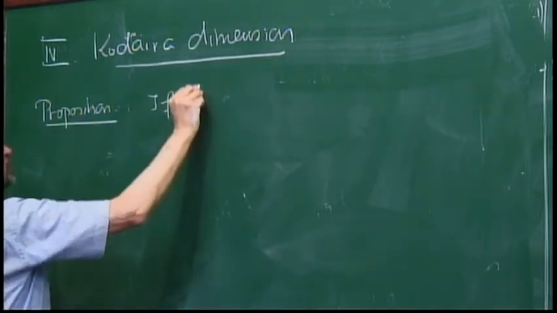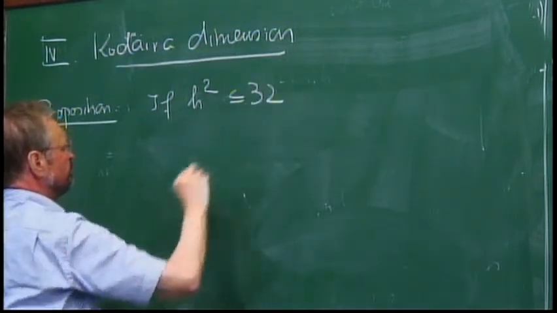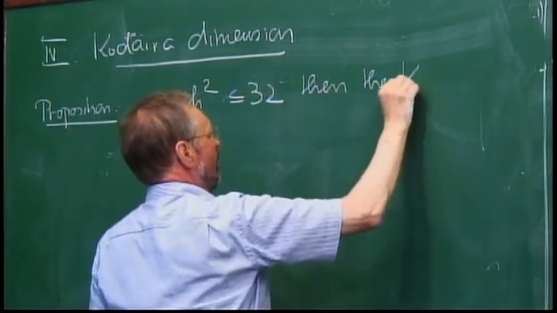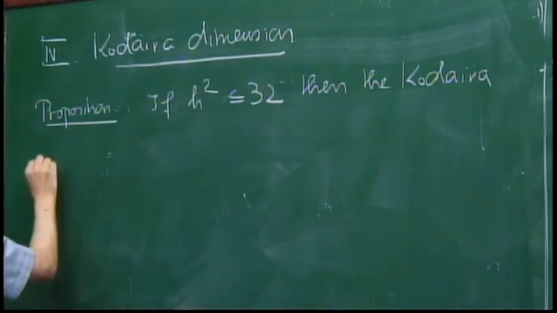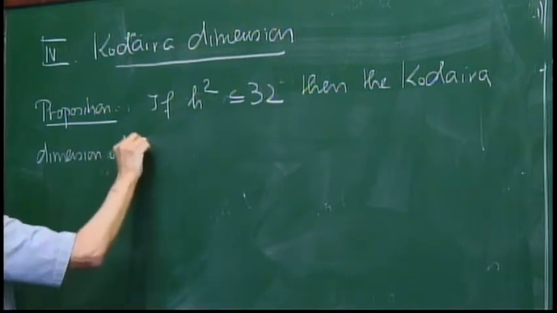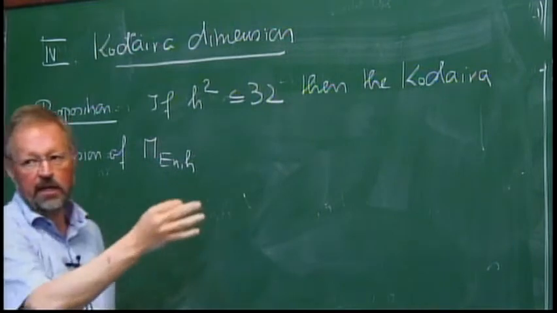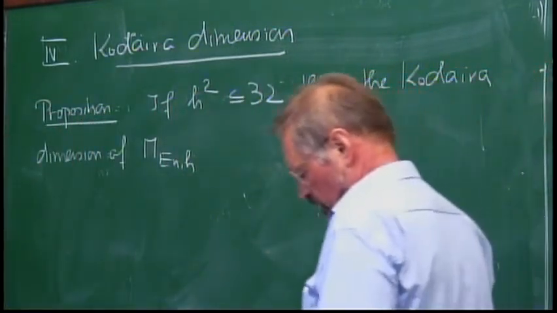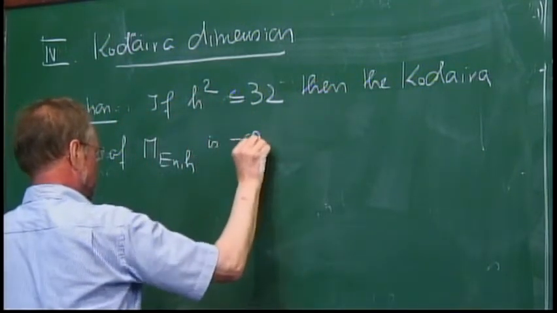If H square is less than 32, then the Kodaira dimension of, let's say, M, E, N, H, and now it doesn't matter what I take out, I mean, here we're talking about something birational, so just let me stick to these modular varieties here, is minus infinity.